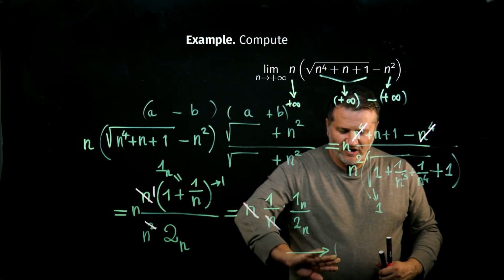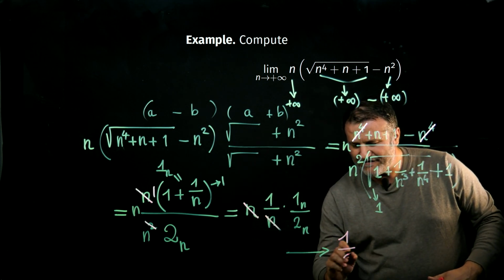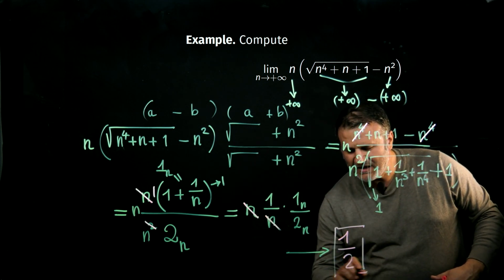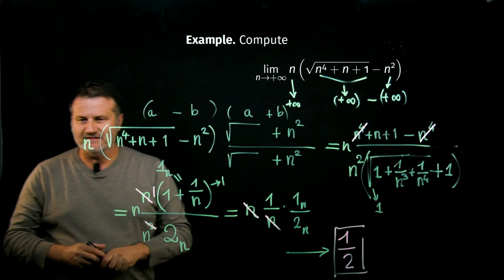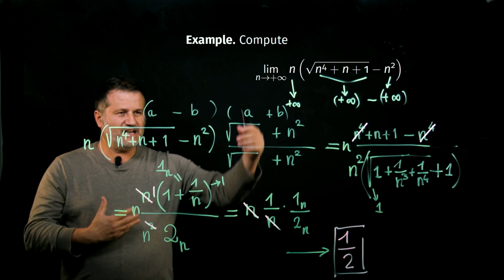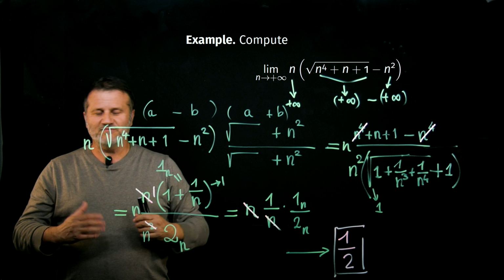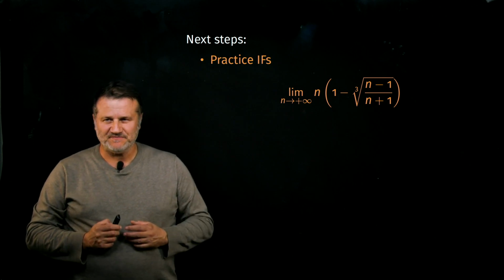And now what we obtain is that the limit is 1/2. So this is the limit of the expression we have here. So as you can see, it has been possible to discuss completely all the indeterminate forms and to compute the limit. Good.